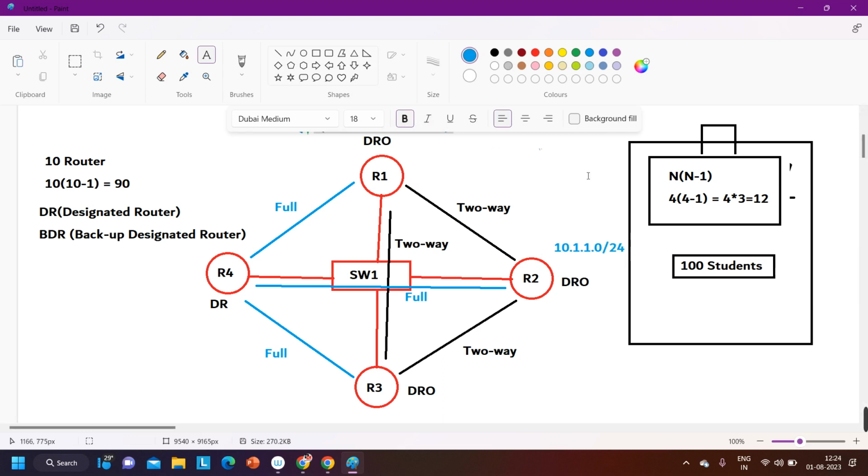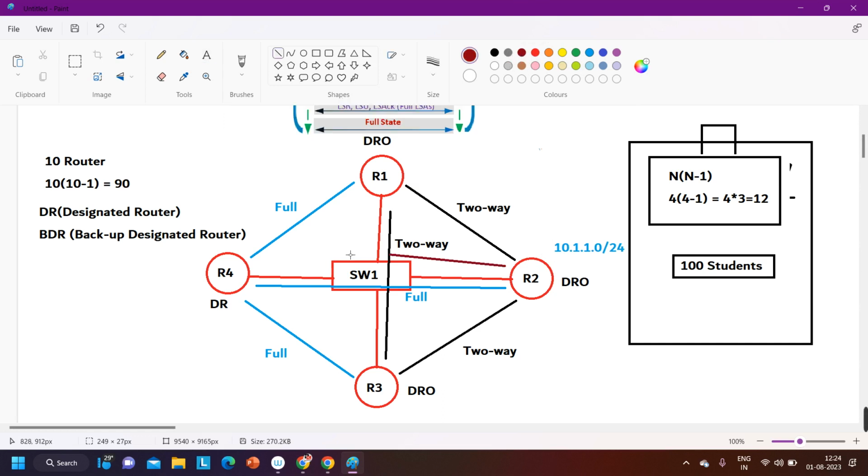Now let's say router 2 has one network, 10.1.1.0/24. Router 2 will share this network information to the DR router, router 4, and now it is the responsibility of the DR router to share this network information to the other routers. So it will share to router 1 and router 3.